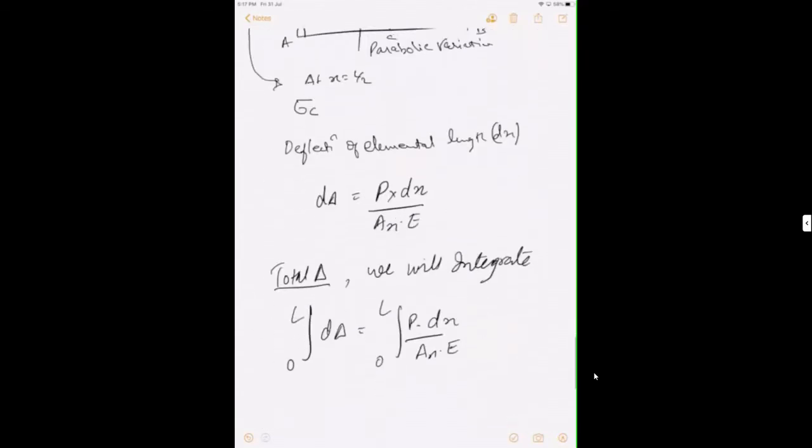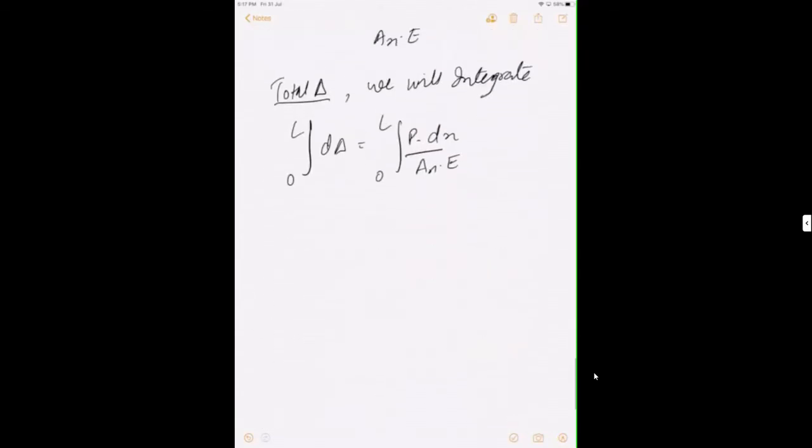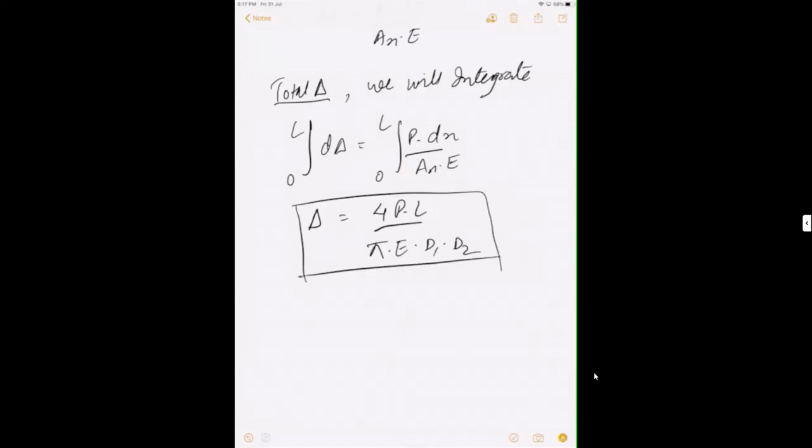When you substitute all those things and integrate, your final deflection will come out to be 4PL upon pi into E into d1 into d2. So this is my final deflection. Is that clear to everyone?